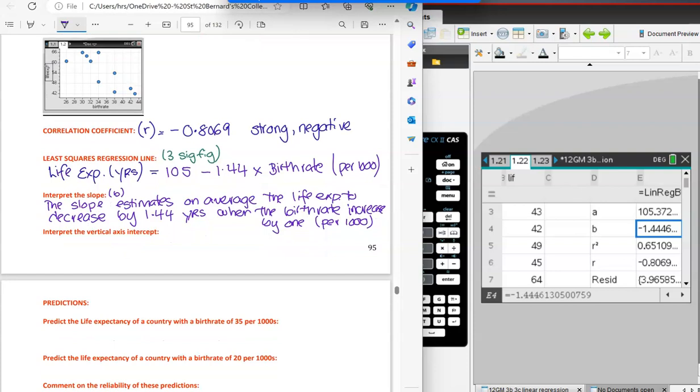Then it asks me to interpret the intercept. So I'm once again using my little template.